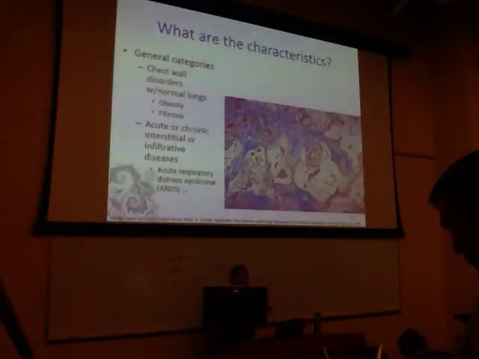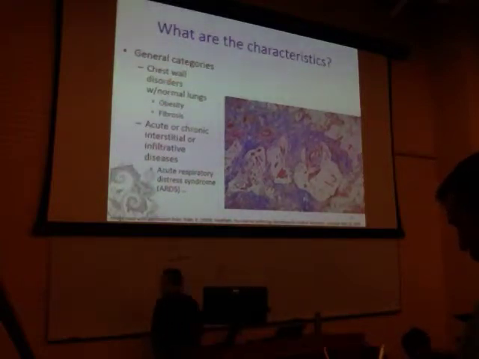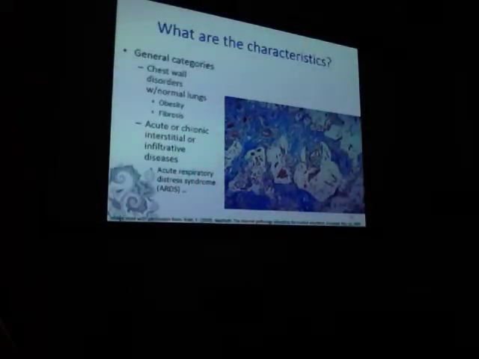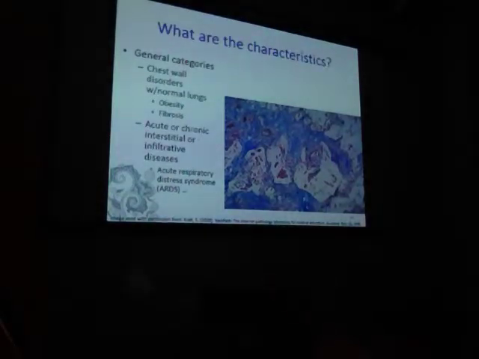The characteristics of these restrictive diseases, we get a lot of fibrosis showing up in the lung tissue. So this is a trichrome stain through pulmonary fibrosis in the lung. All of the blue colored stain is indicative of excessive collagen tissue that shows up. That's part of this fibrosis or the scarring that's taking place within the lungs itself.